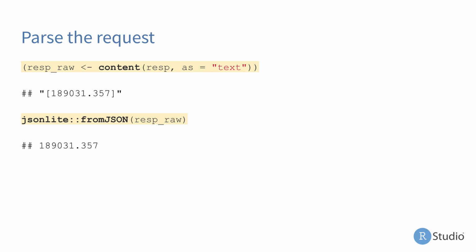So if we type as text, we're going to get the raw JSON from the API. And with the JSON string, there's this really awesome package called jsonlite, which parses JSON. And there's a function from it called fromJSON, where if you provide a string that contains JSON, it turns it into an R object. So that's really awesome. And that's all it takes to call your API.